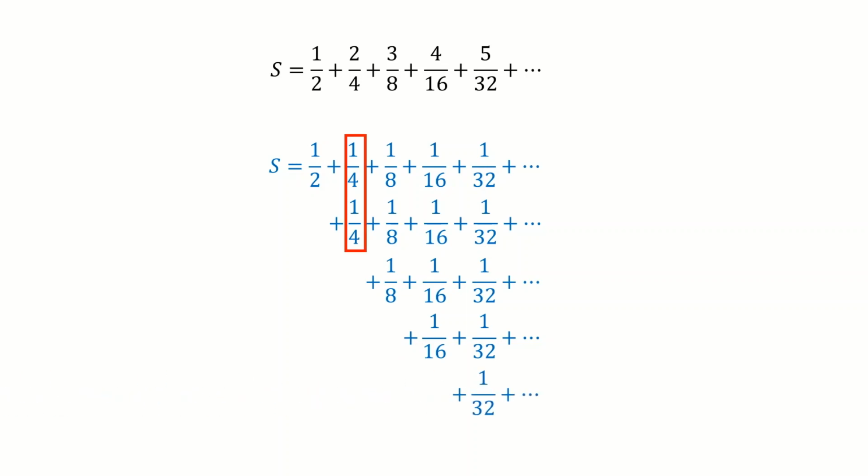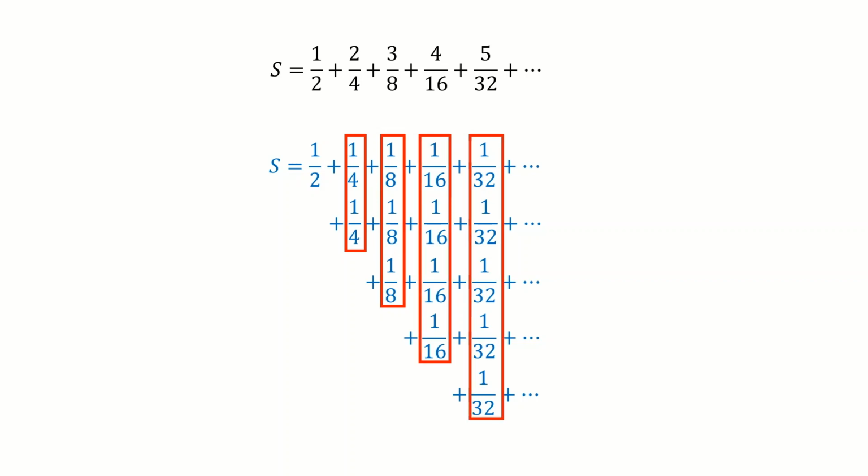As you can see, we have 1/4 2 times, so it's going to be 2/4, which is what we have in the original series. We have 1/8 3 times, and that's 3/8. The same for all the other ones.